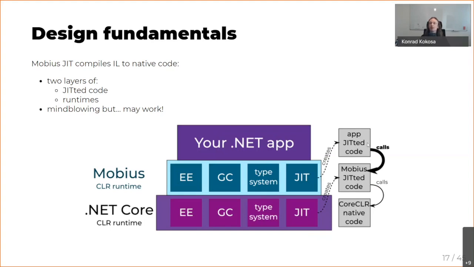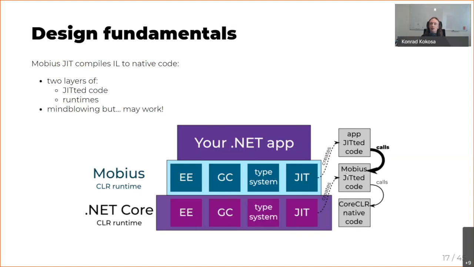Obviously, sometimes this code needs to ask the runtime for something. The very typical thing is allocation. So if you are newing up something here in your app, then the JIT will emit the allocator code that will make a call to the runtime asking for the place for your object. So allocations will be one of the most typical ways the JITed code of your application will call back my runtime, my Mobius. And then obviously, because my runtime code is managed in C#, it will also be JITed, but now it will be JITed by .NET Core.